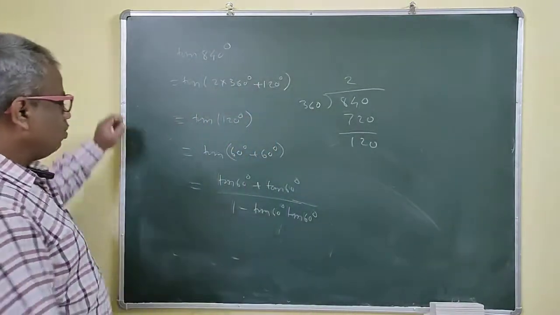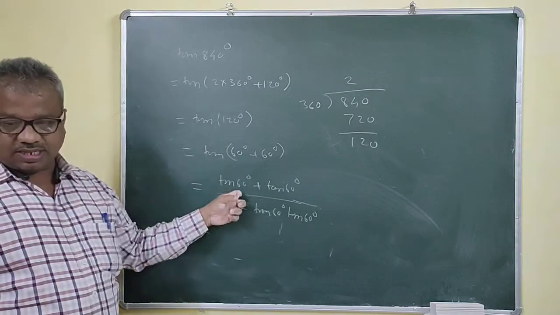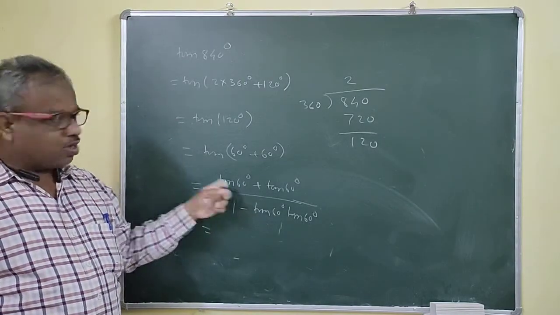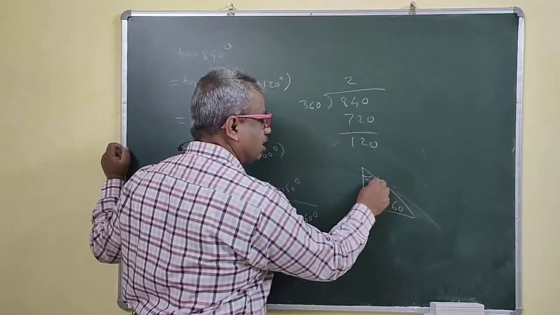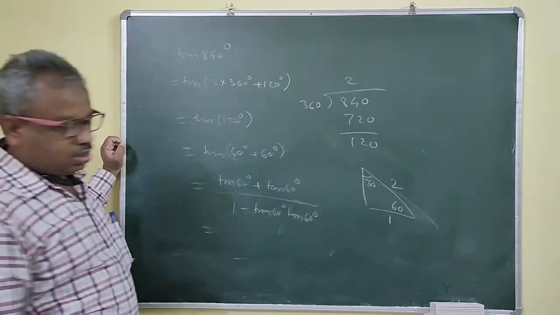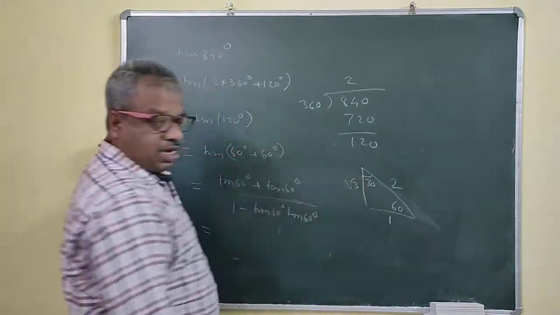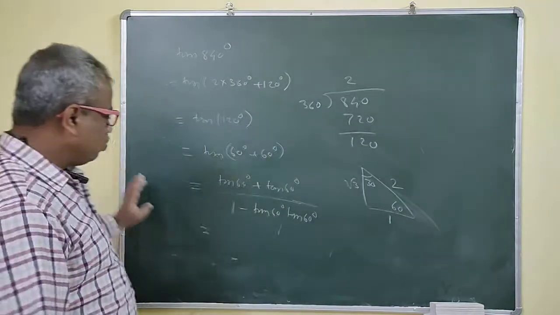Now, what is tan 60 degrees? Tan 60 degrees means sin 60 degrees upon cos 60 degrees. Or if you don't remember, this is the 60 degree angle and this is 30 degrees. Suppose the side opposite the 30 degree angle is 1, then the other side is root 3. You want tan, so this is root 3 upon 1, which is root 3.